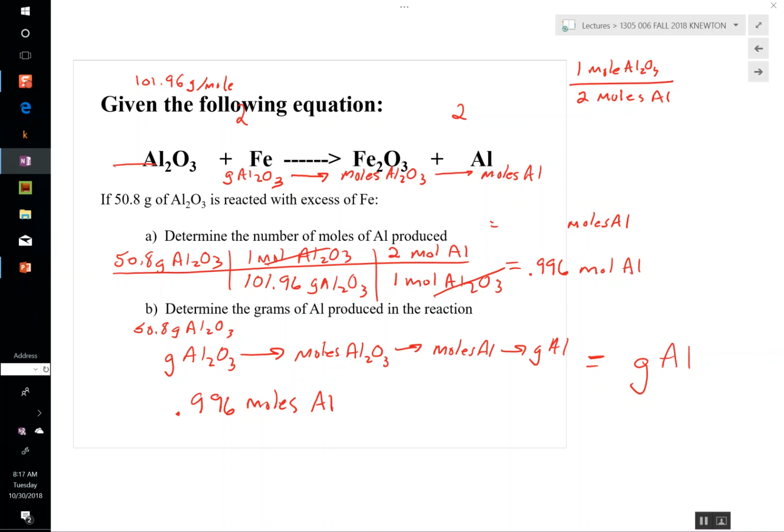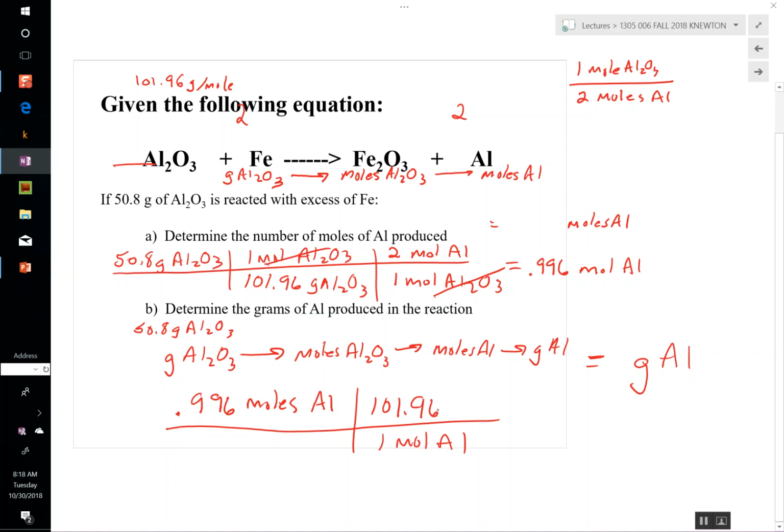Now this is a simple moles to grams conversion, right? And what do you need? What is the critical thing you need to do a moles to grams conversion? The molar mass. And there we have, now in this case, we're going to put the mole of aluminum down here. And say there's 101.9.